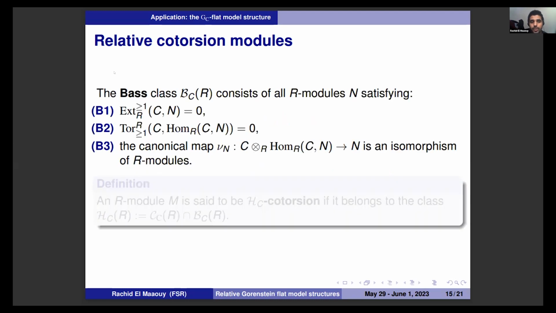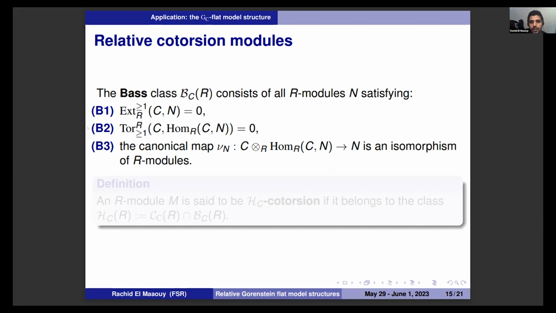So we use the well-known Bass class to solve this problem, but let's recall it first. The Bass class, denoted as B_C(R), is a class of modules satisfying the following three properties.